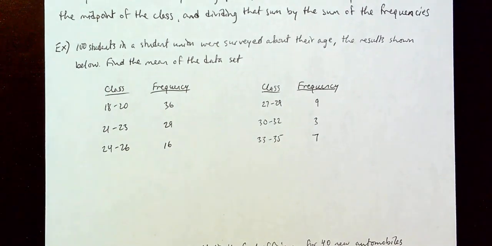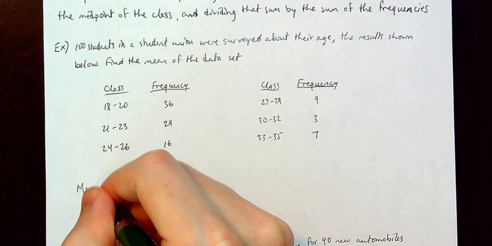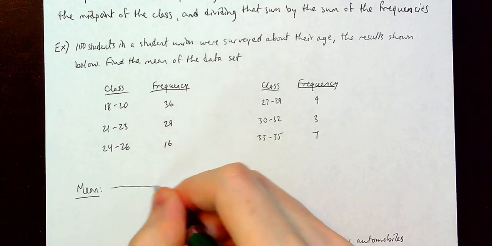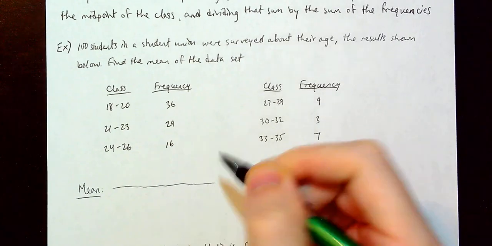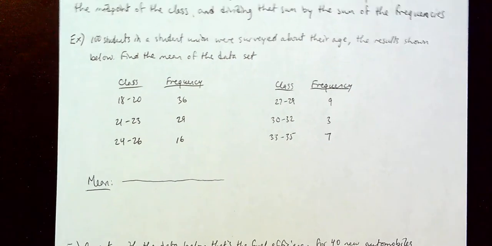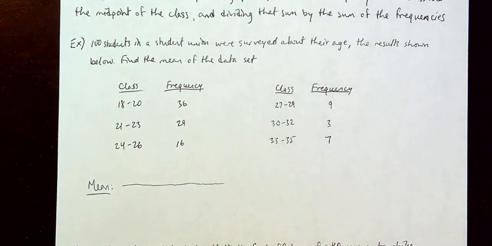So here's what we do for the mean. We're going to have a whole long sum on the top. As I said, we take the midpoint of a class and we multiply it by the frequency that's associated with that class.